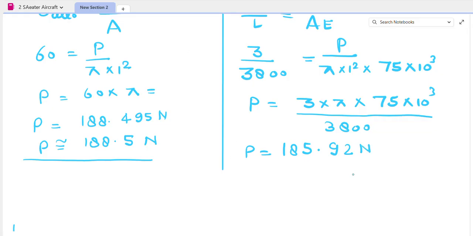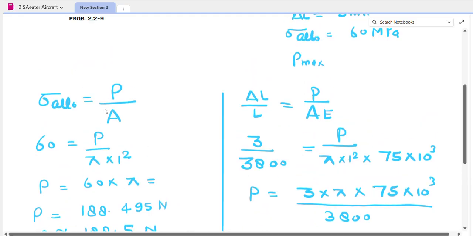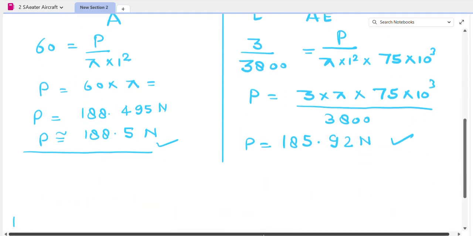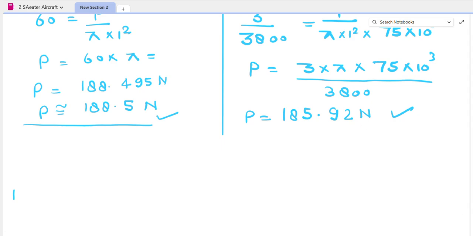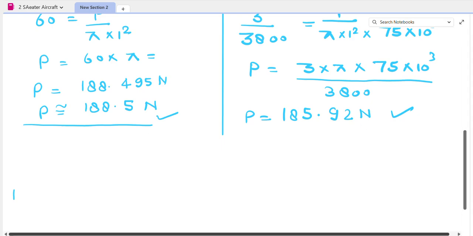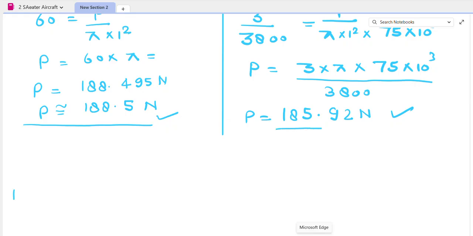Which will I take as P maximum, this case or this case? This is the allowable stress case, sigma allowable is 60 megapascal. Let me take it for verification, because the elongation is only 3 millimeter. I calculated by the elongation formula. If I apply the 185.92 Newton force, the elongation will be 3 millimeter.